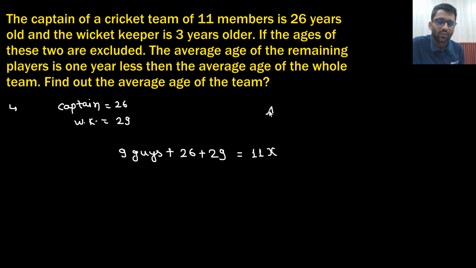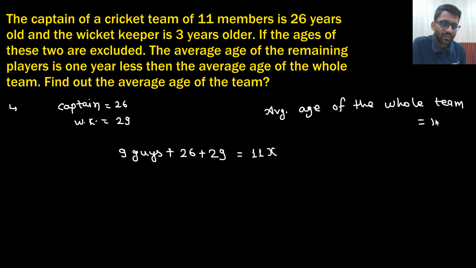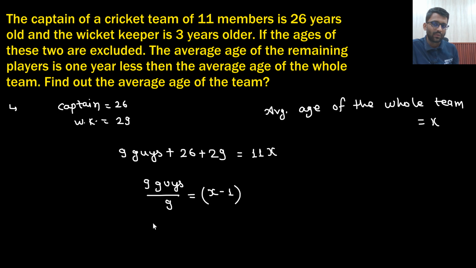So average age of the whole team is x. This we are assuming. Then this equation stands true. 9 guys plus 26 plus 29 divided by 11 is equal to x. Now if you calculate the average age of 9 guys only, that would be 9 guys divided by 9 is equal to 1 lesser than x. So what is the age of 9 guys?